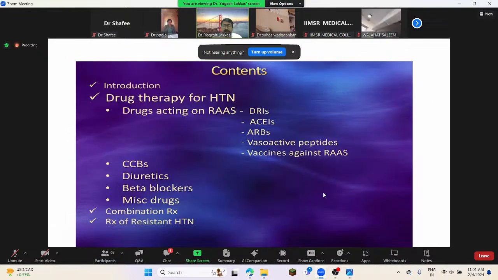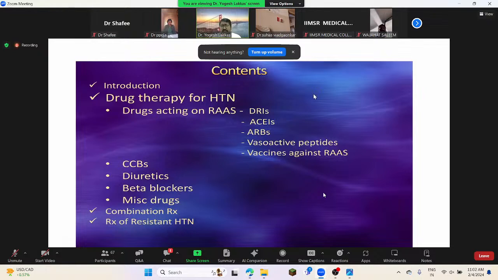Now the content of this talk will be mainly these drugs or newer therapeutic aspects I'll be discussing, like direct renin inhibitors, which have been coming into the picture these days, or have been researched over the last 10 years, or are coming into the market or on the commercial level.